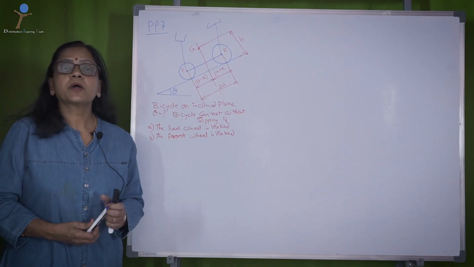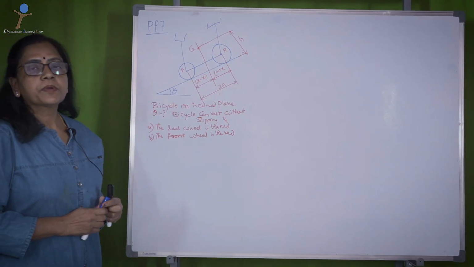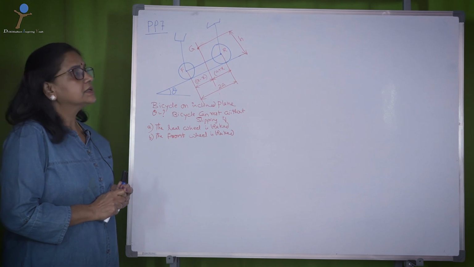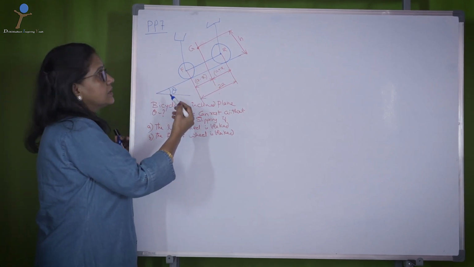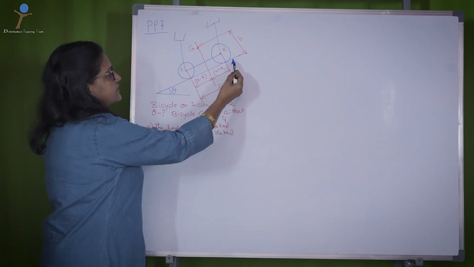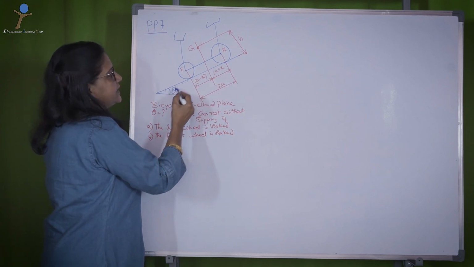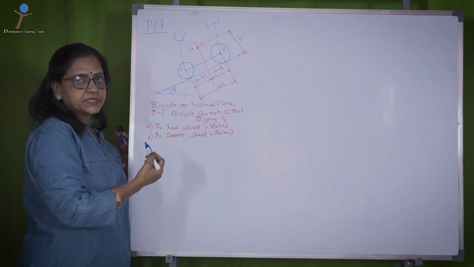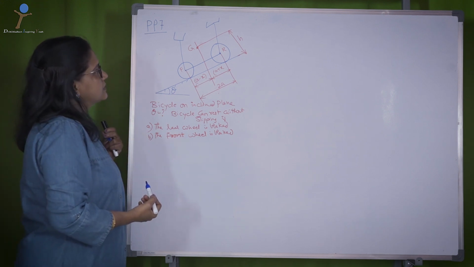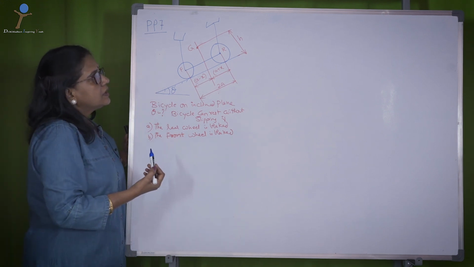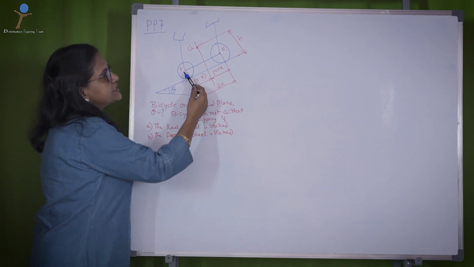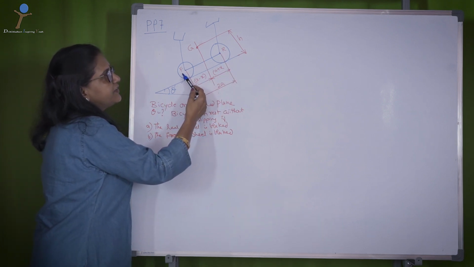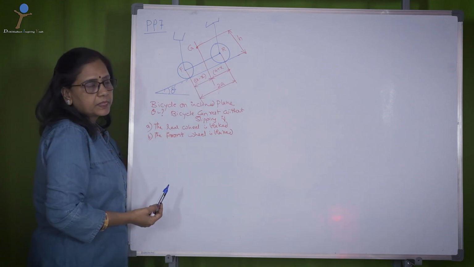Now, let us solve problem number 7. The bicycle is rolling on an inclined surface which has an inclination of theta. Theta is the slope of the surface. 2a is the distance between the centers of the front wheel and the rear wheel.